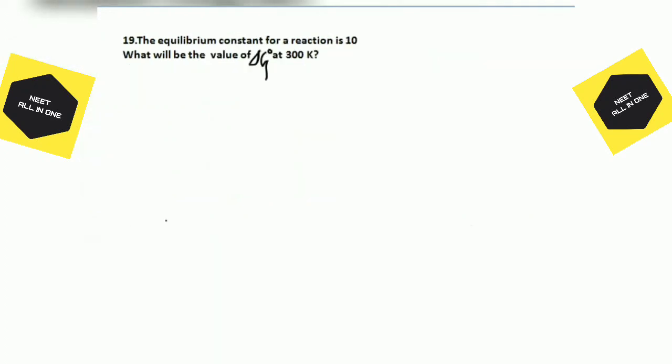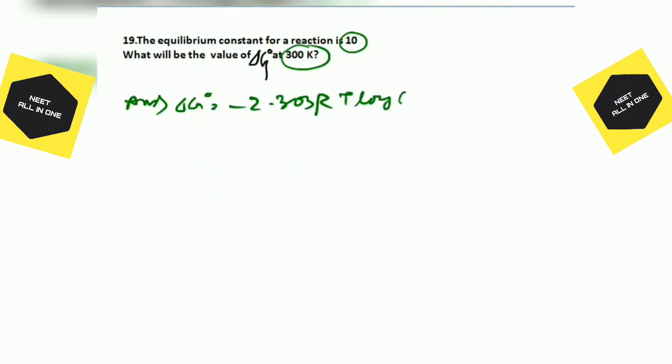Let's see question number 19. The equilibrium constant of the reaction is given as 10, and what will be the del G naught at 300 Kelvin? Here we know one formula: del G naught equals minus 2.303 RT log Q. We just have to put the values here: 2.303 into 8.314 into 300 log 10.